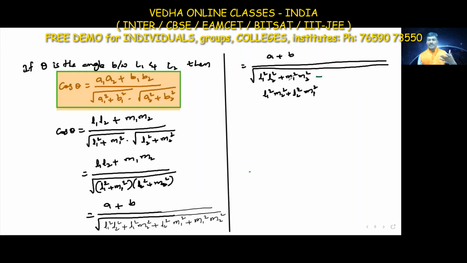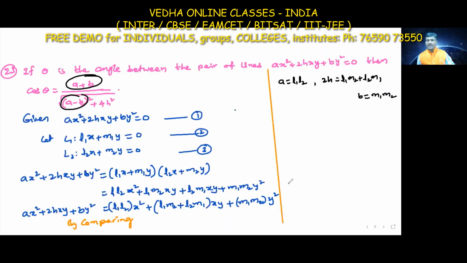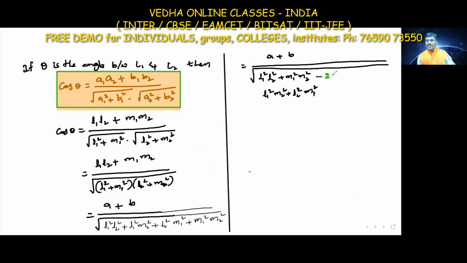We want minus 2AB term to get it in the form of A minus B whole square. So that is nothing but 2 into L1 L2, that is A value, and B value is M1 into M2. I am subtracting and adding, so plus 2 into L1 L2 into M1 M2, in the denominator, all this full term inside the root only.